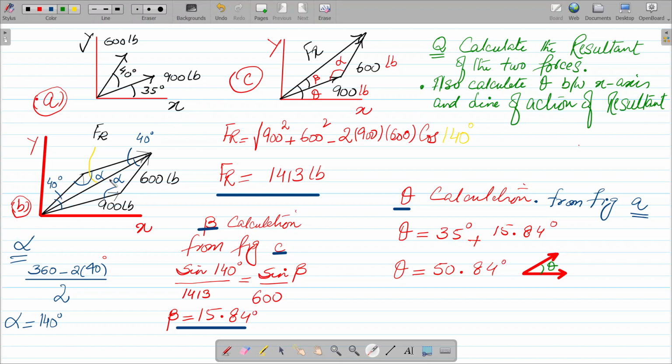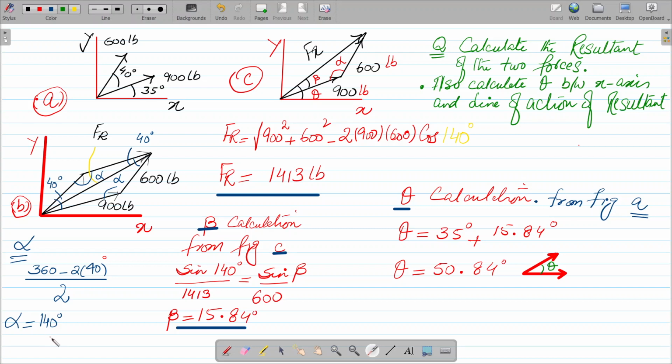But since this is a parallelogram, the opposite angles of a parallelogram are the same. So if this is 40 degrees, then this is also going to be 40 degrees. Now in order to calculate the angle of the resultant, which is alpha, we will use the fact that the interior angles of a parallelogram always sum to 360, and since these two angles are congruent, 40 and 40, we will write (360 minus 2 times 40) divided by 2, and after simplifying we get alpha equals 140 degrees.